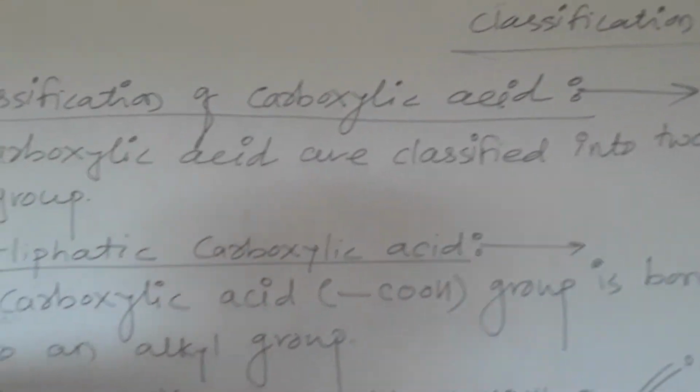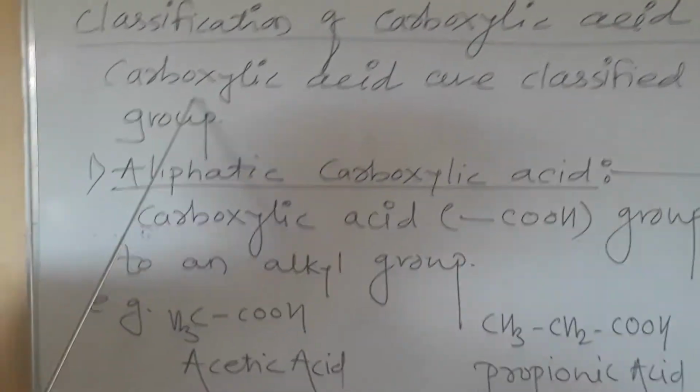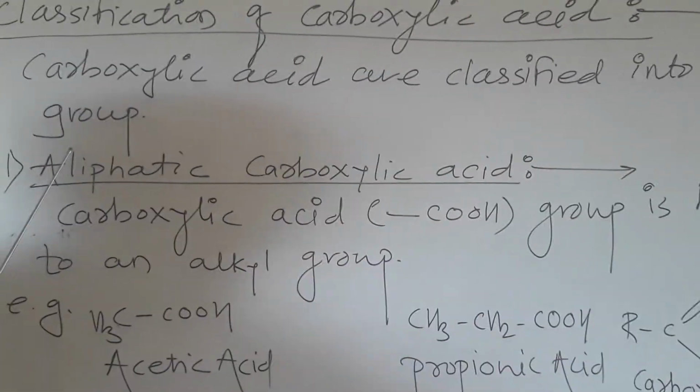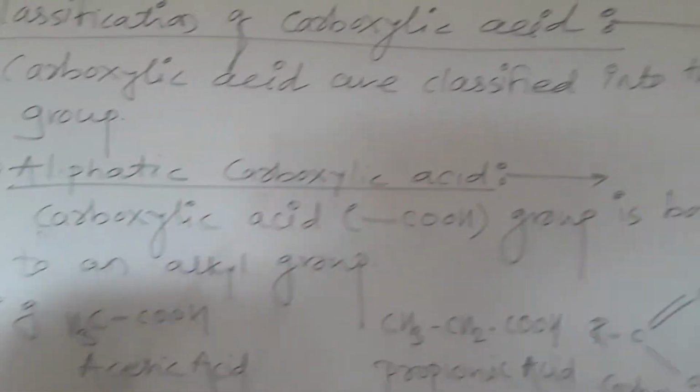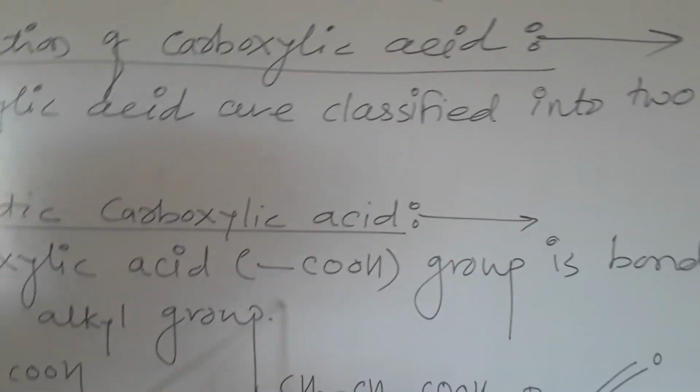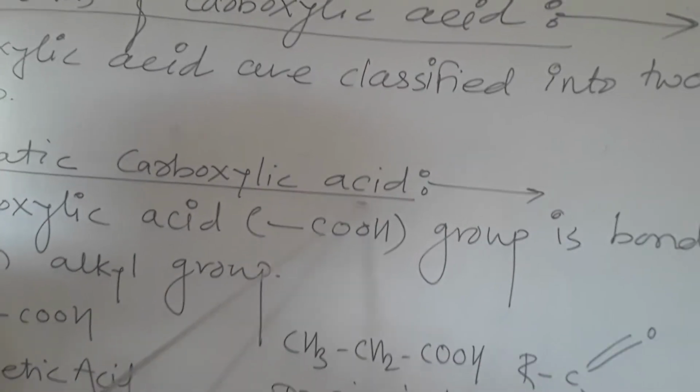Classification of carboxylic acid. Carboxylic acids are further classified into two groups, that is aliphatic and aromatic. The functional group of carboxylic acid is the COOH group.